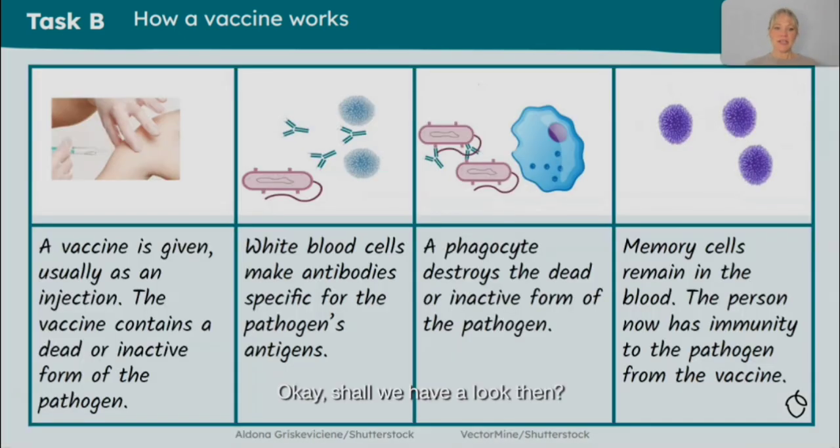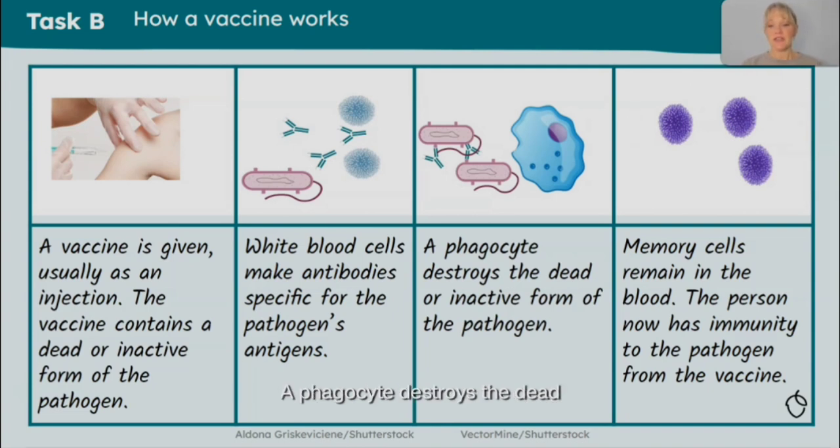Okay, shall we have a look then? So the first one is showing a vaccine is given, usually an injection. The vaccine contains a dead or inactive form of the pathogen. Our next box is white blood cells. You may have written lymphocytes here because this is a more technical term. Make antibodies specific for the pathogen's antigens.